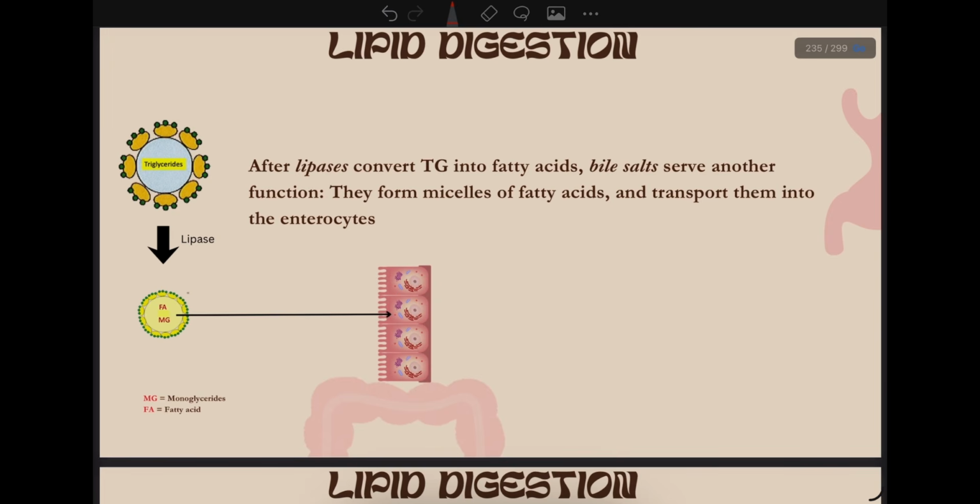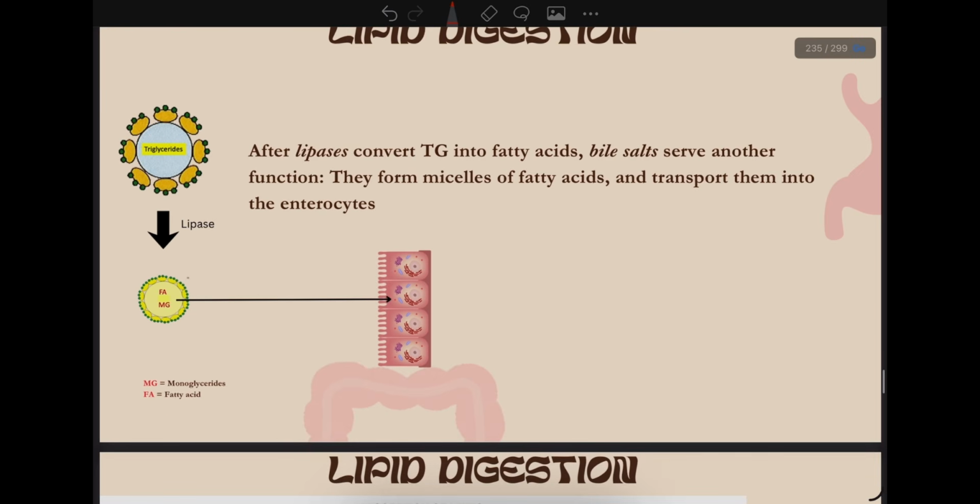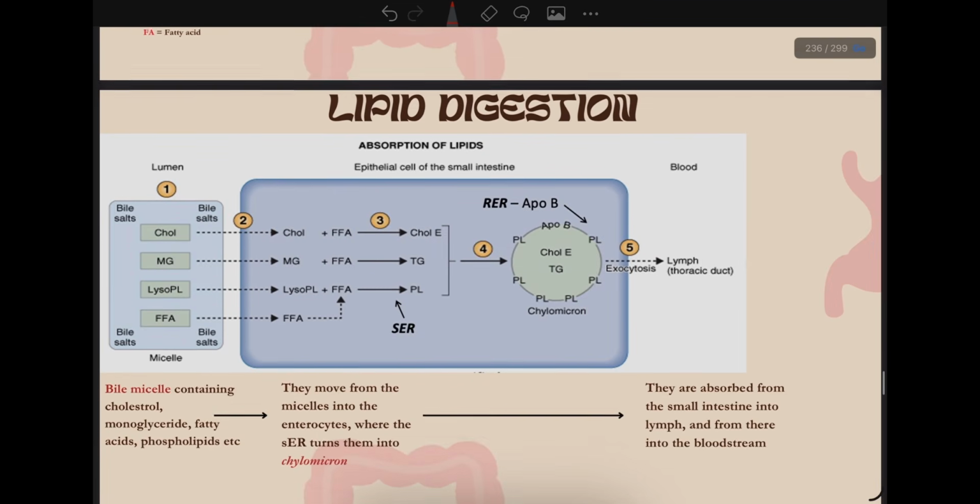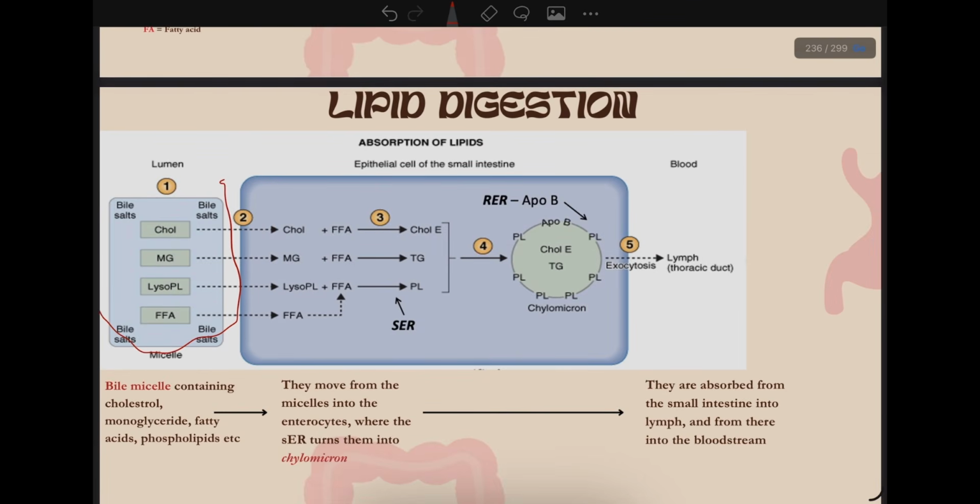Also, bile salts are what help in forming these micelles and bringing the end products into the membrane. As you can see, an overview. These are our micelles with our end products surrounded by bile salts. They are brought into the membrane, then they reconstruct again, if you remember, in the smooth endoplasmic reticulum, and then they form these chylomicrons with the apoprotein, and they are transferred out of the cell to the lymph.